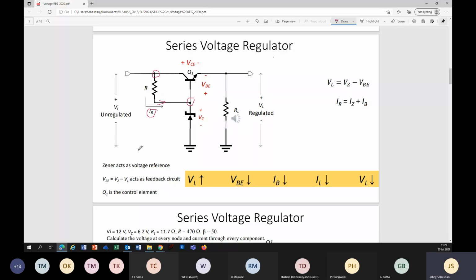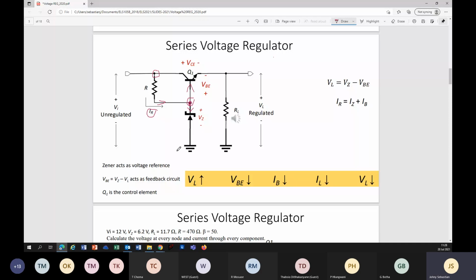This IR is splitting into two different currents. From this point, IR is split up into two currents. One current makes up the base current, and the second current makes up the Zener diode current, right?